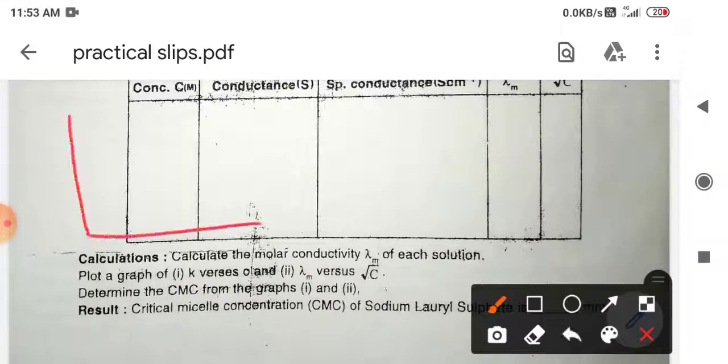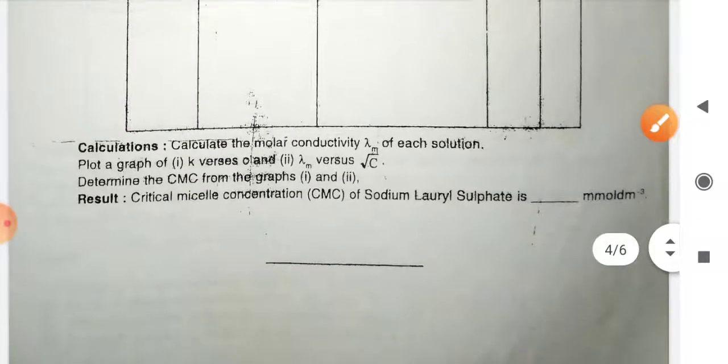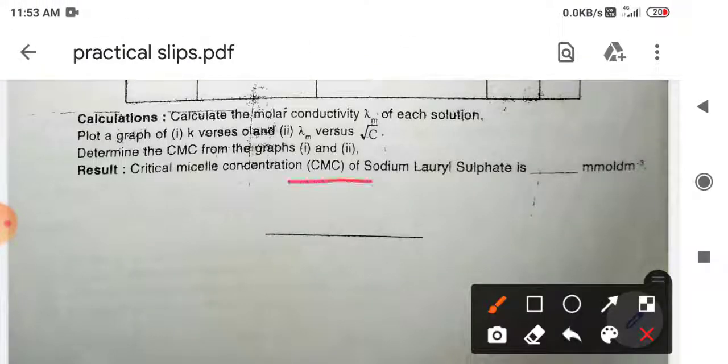So likewise we will get the graph of specific conductance versus concentration. The concentration where we get a drastic change in the conductance of the solution is nothing but the critical micellar concentration. Okay, so this critical micellar concentration of sodium lauryl sulfate can be expressed in terms of millimoles per dm cube.